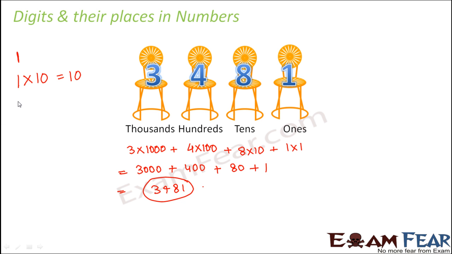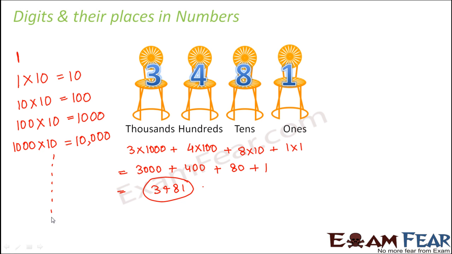Then comes the hundreds position: you multiply 10 again by 10, so you get 100. Again you multiply 100 by 10, so you get 1000. Then you multiply 1000 by 10 and you get 10,000, and this process continues.